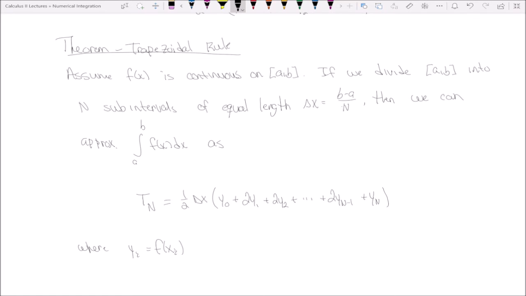Notice it's called the trapezoidal rule because we used trapezoids to approximate the area.